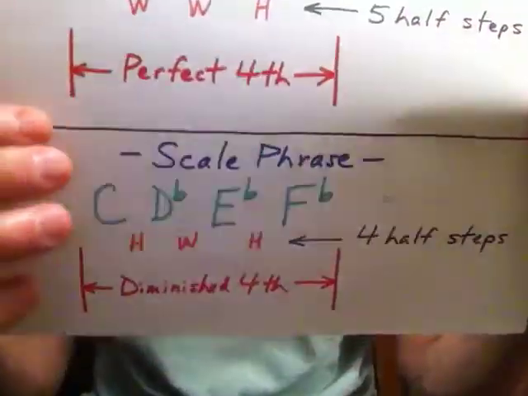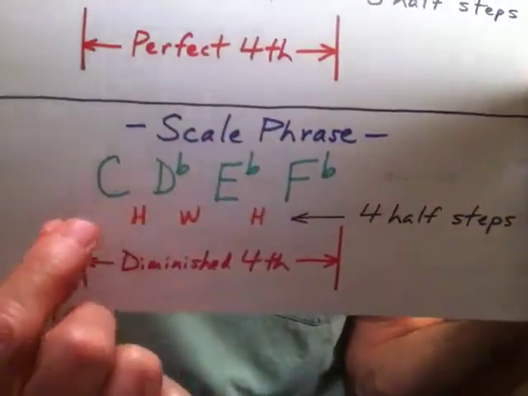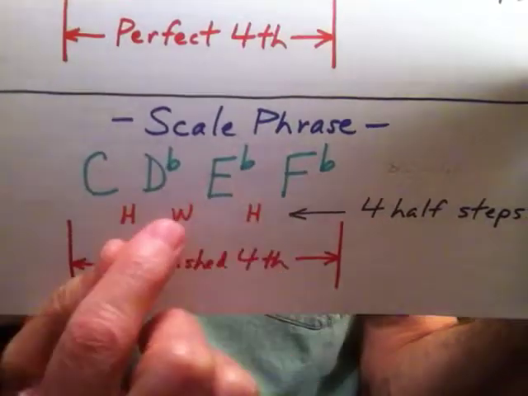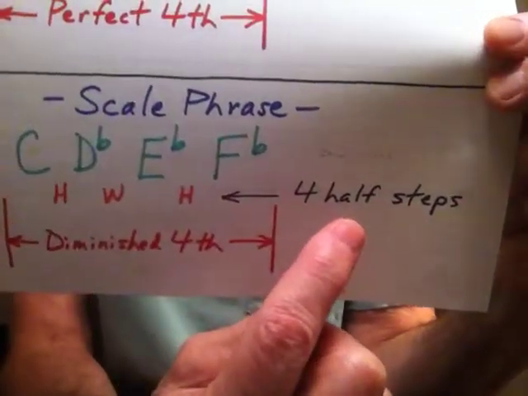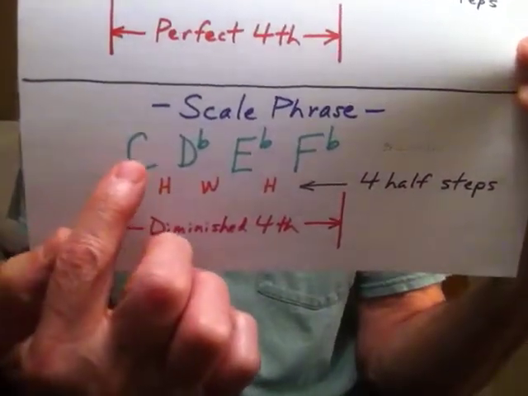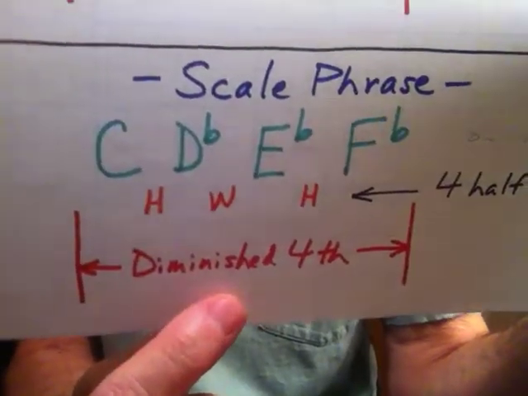Then also in the scale phrase system, you're allowed to have a smaller scale phrase. And here's an example. From C to F flat, you have your half step, whole step, half step, and that's only 4 half steps. And that interval, from first tone to last, would be a diminished fourth.